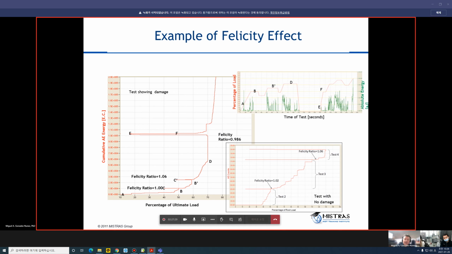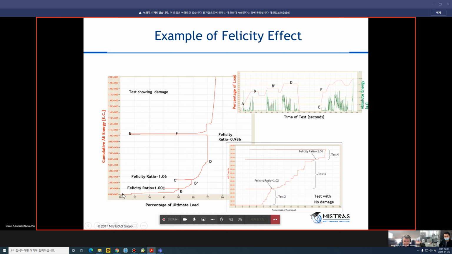So this is the whole test. Now what we are plotting here is the accumulation of the acoustic emission energy versus the load applied, just to observe the Kaiser effect and the Felicity effect.